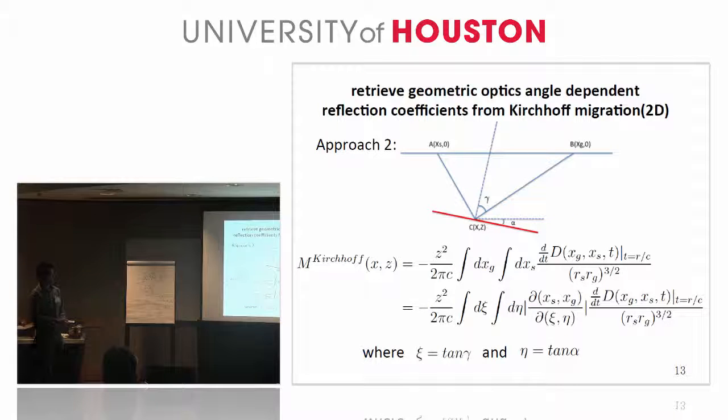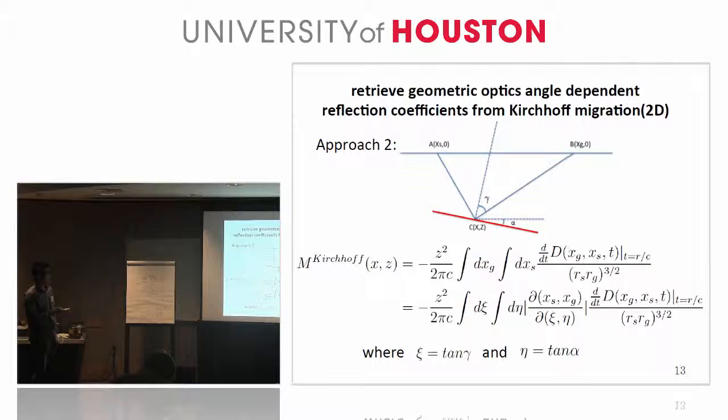And next, I'll show you another approach, which is a geometric optic approach, which we can use to retrieve the geometric optic approximate angle-dependent reflection coefficient from Kirchhoff migration. Here, this formula shows the Kirchhoff migration equation.